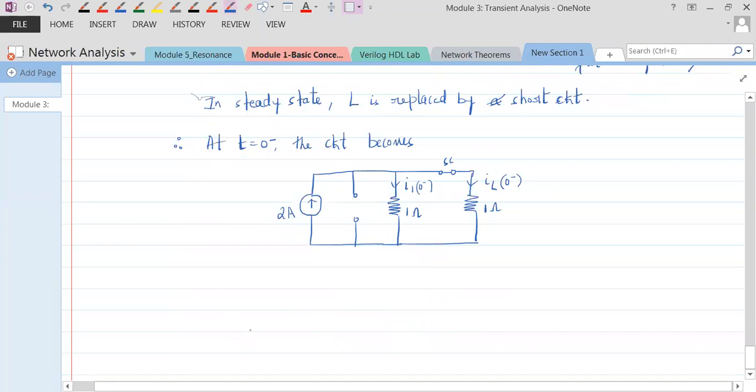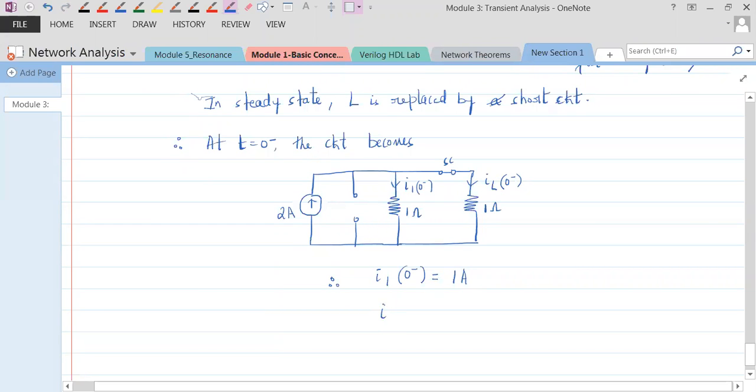Okay, so we can say that, therefore, I1 of 0 minus is 1 amp. Sorry, very sorry. Yeah, it is 1 amp.